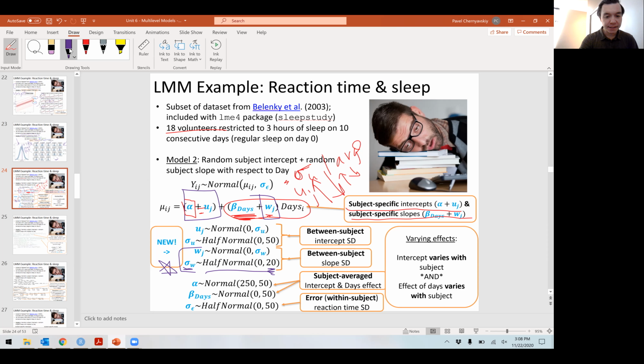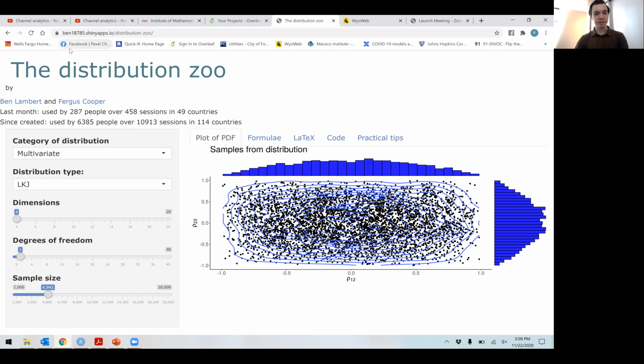So more often than not, there would be less variability in the slope than in the intercept. If not only because of the units, right? The slope is a rise over run. The intercept are the same units as your outcome variable. So there's a lot of reasons why that second sigma is going to be less. It's going to be a smaller number, and I will demonstrate to you right now what I am talking about.